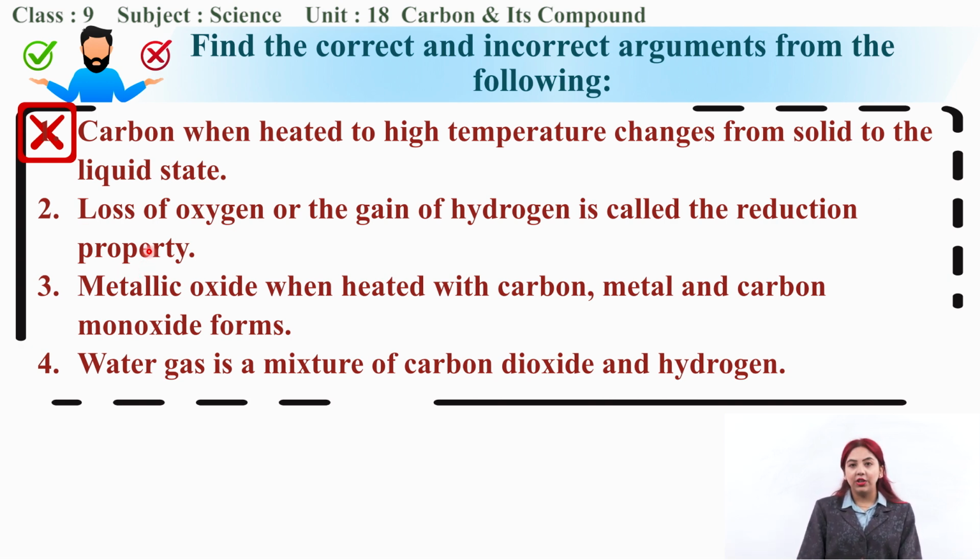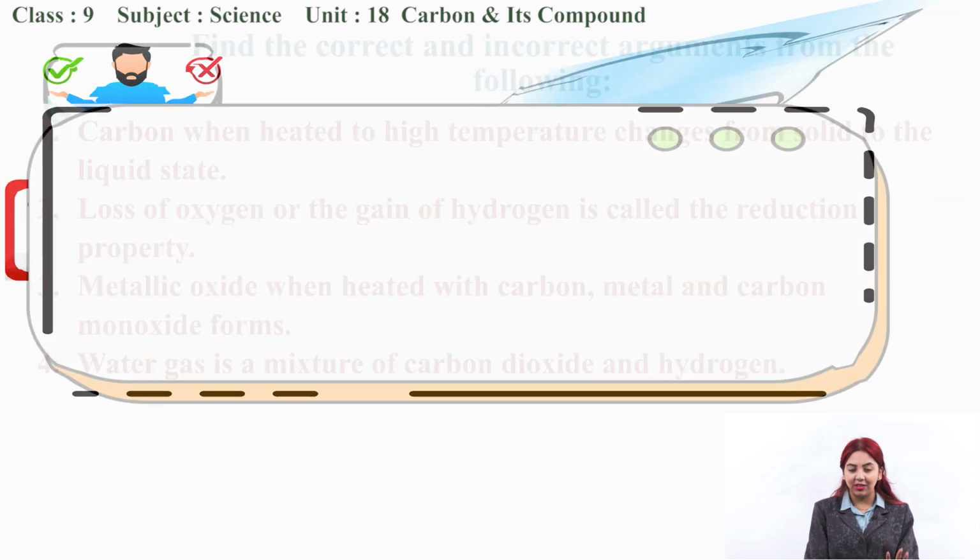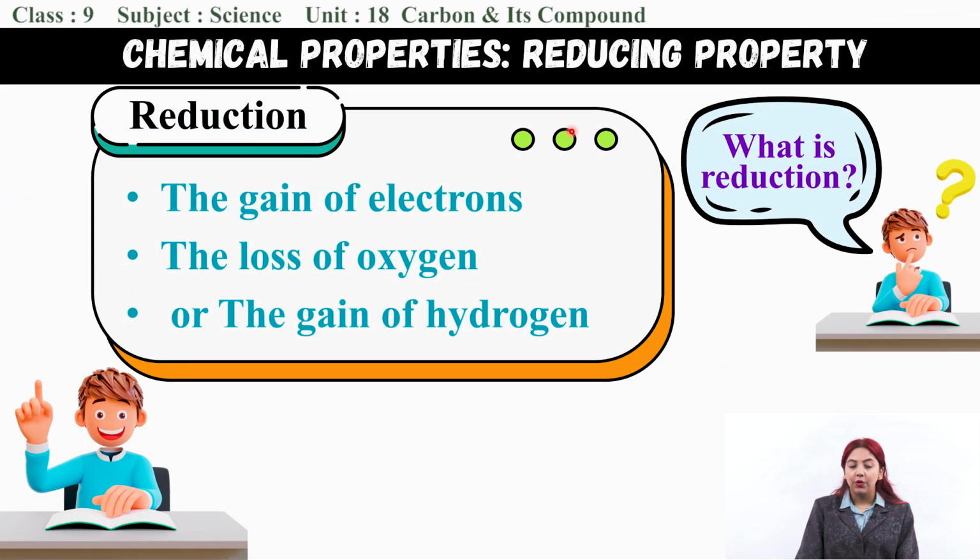Now the second argument we have is, loss of oxygen or the gain of hydrogen is called the reduction property. So is this argument correct? Let me give you a hint about what we studied previously. So we said that we can only say it is a reduction phenomenon if one of these 3 occurs.